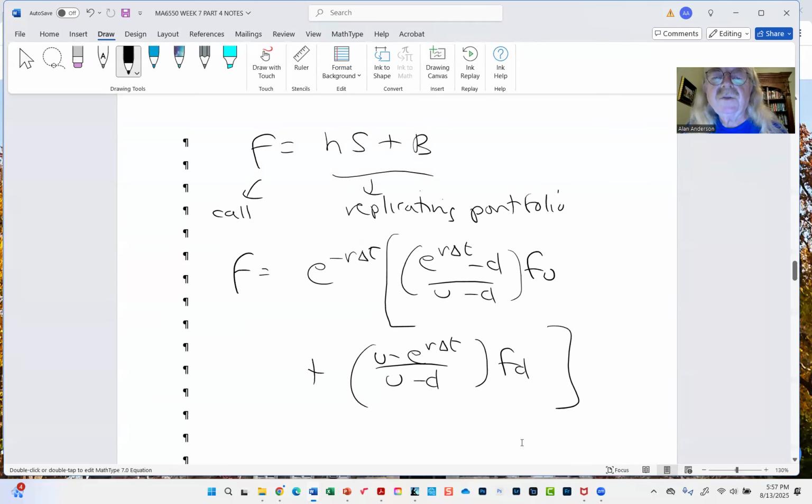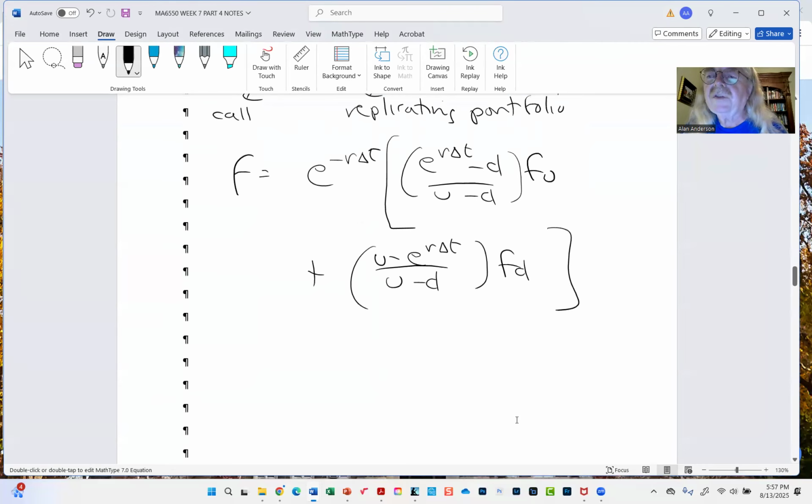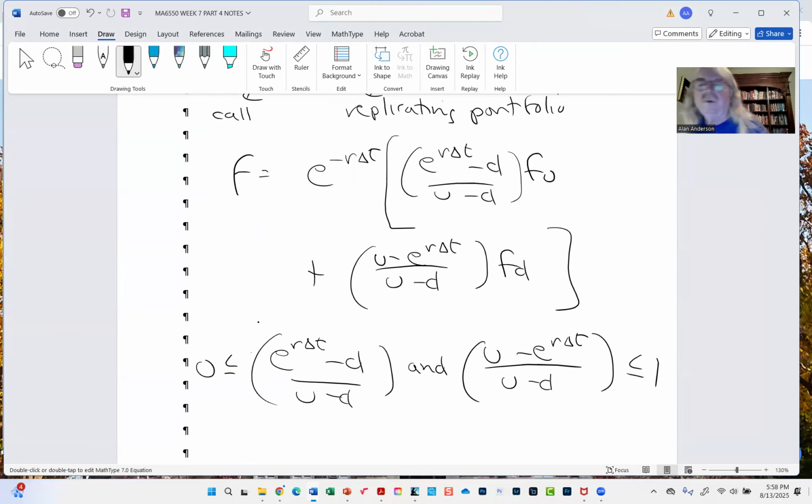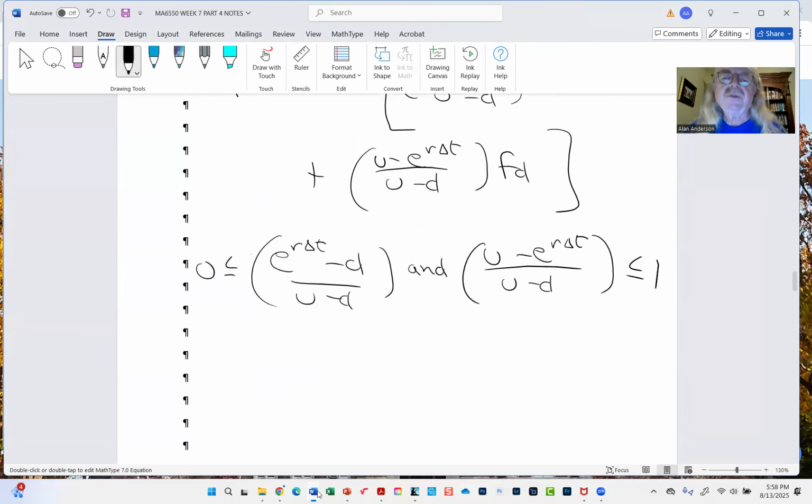Now, what's interesting about those two terms, you can think of it as the weights of FU and FD, each one individually, because of the way that U and D are defined, both of these terms are bounded between 0 and 1, and of course they add up to 1 as well.